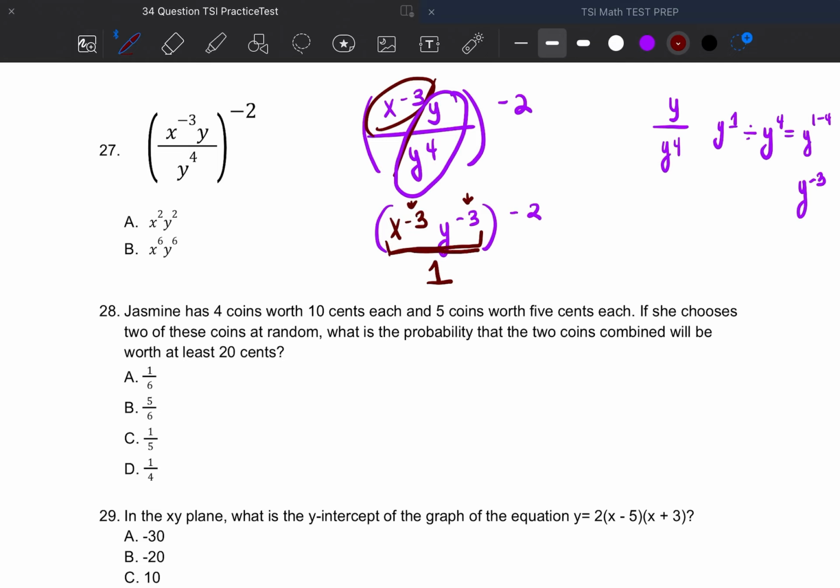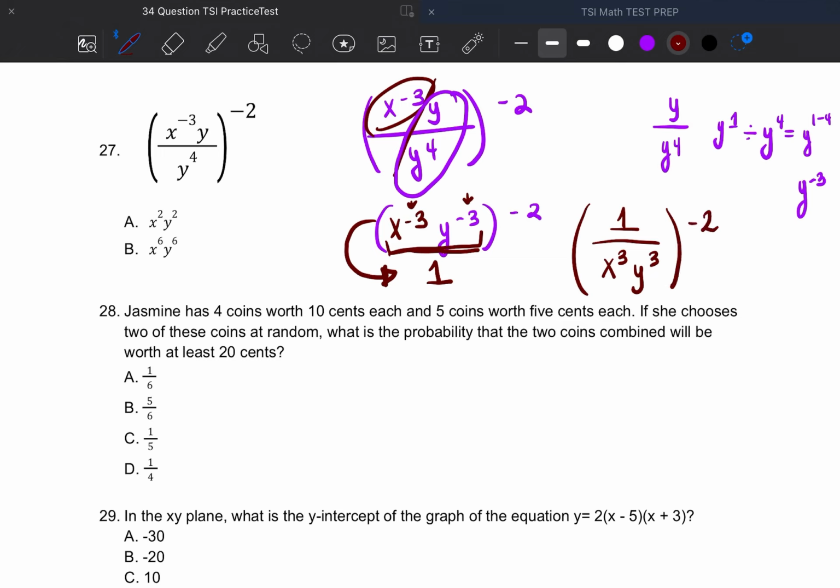So if we want to make these positive, we just put it on the bottom of the fraction. So instead of x to the negative third, y to the negative third over 1, we now can write 1 over x to the positive 3, y to the positive 3. And now we are officially done with everything on the inside.